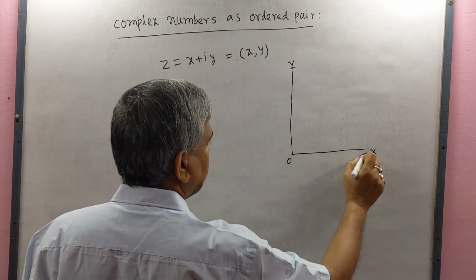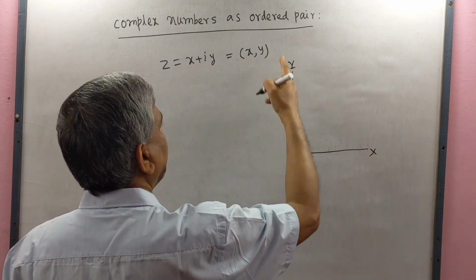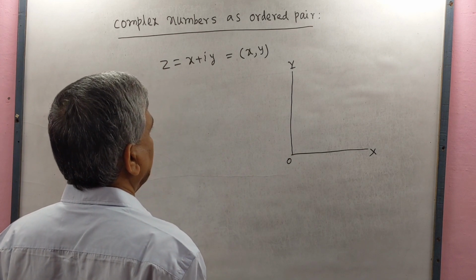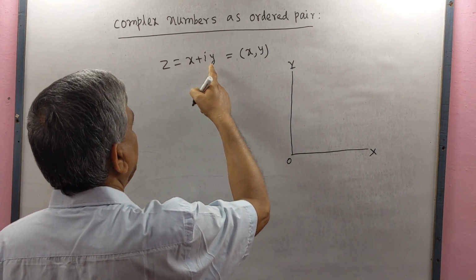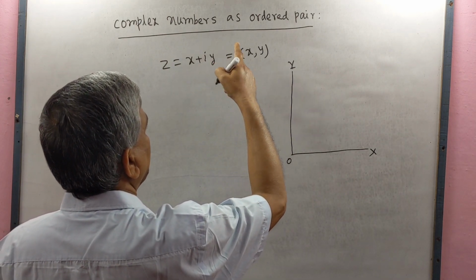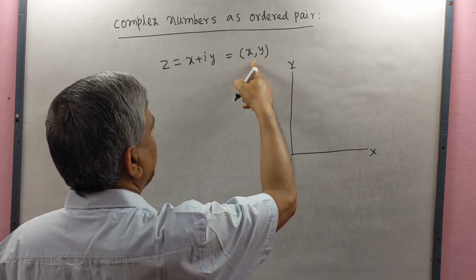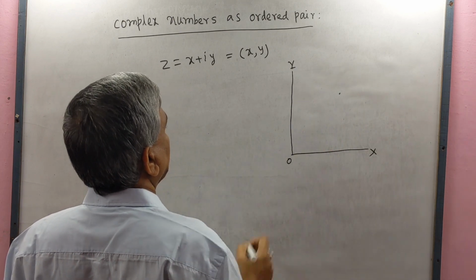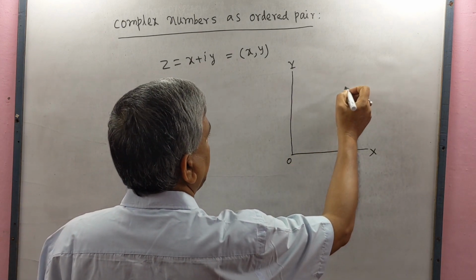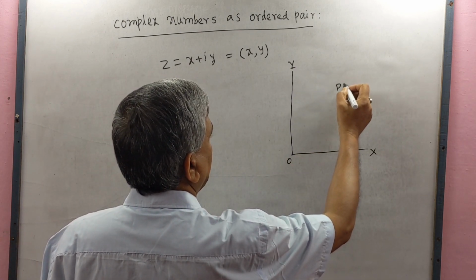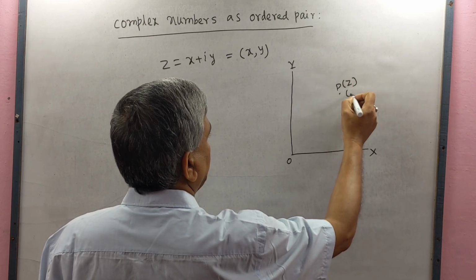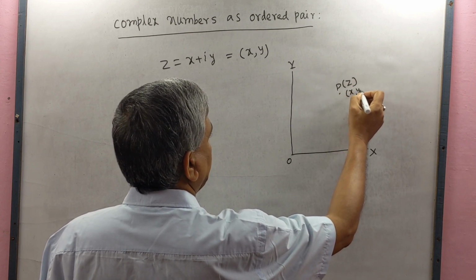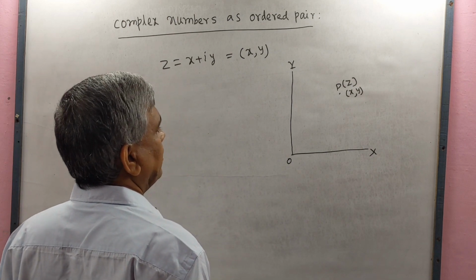This is the real axis OX and OY is the imaginary axis. Then z equal to x plus iy may be represented by a point P(z) here. This may be written as ordered pair (x, y).